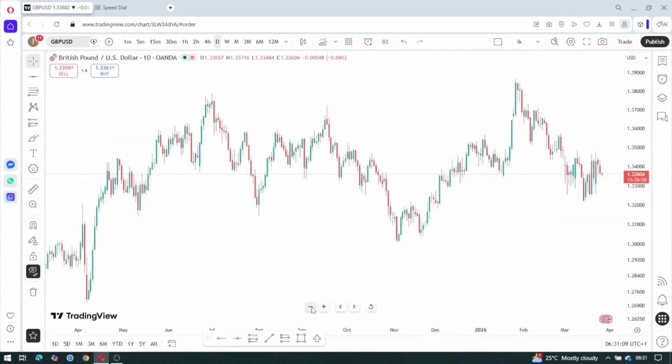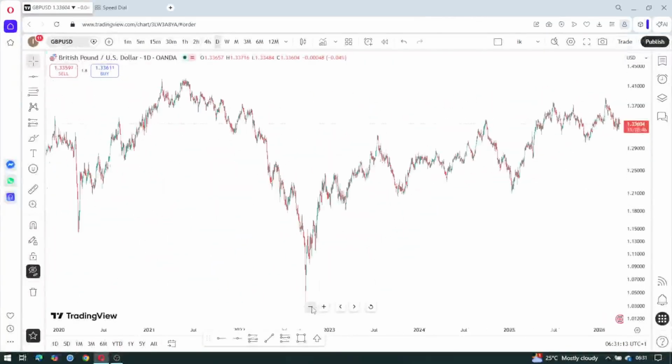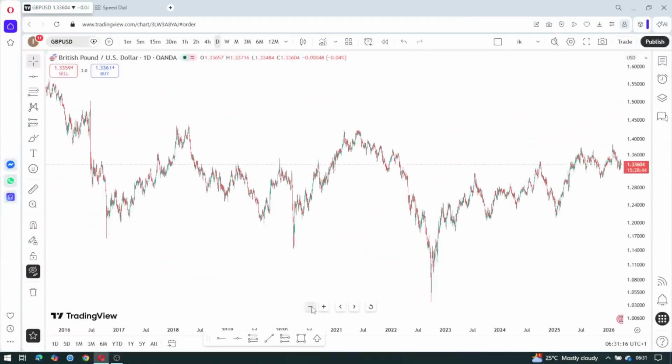But you can now see that in terms of the long-term trend, because we are in the daily time frame, the market has been in a sideways market since 2016. This is 2026. That is almost 10 years that this market has been doing sideways. This is the lesson you should take away from here.